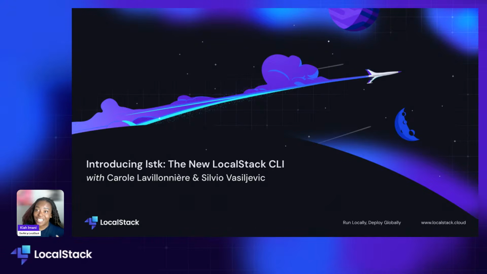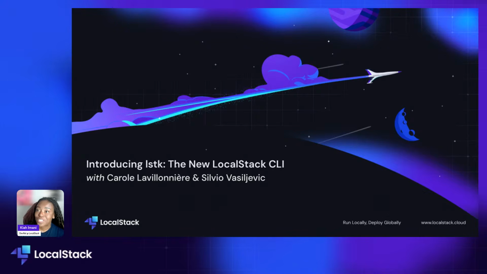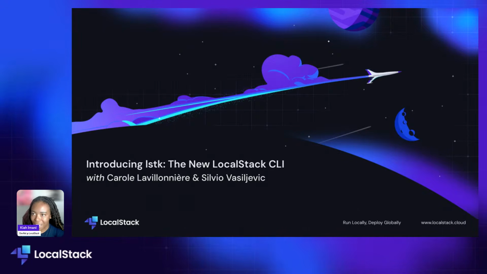We're getting a look inside of LSTK, which is LocalStack's next generation CLI built from scratch in Go. And this isn't just a refresh or a few new commands. This is a full rebuild focused on speed, simplicity, and actually making your life easier as a cloud developer.